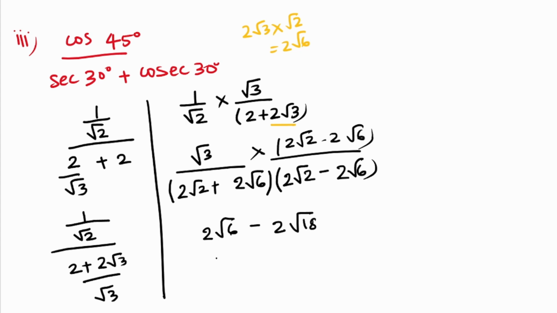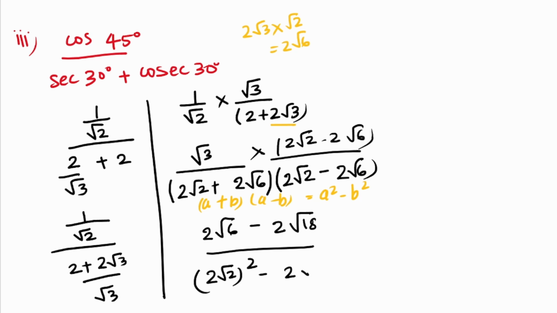Divided by, this is in the form of a plus b into a minus b, right? That is a square minus b square. So we'll be writing 2 root 2 whole square minus 2 into root 6 whole square.